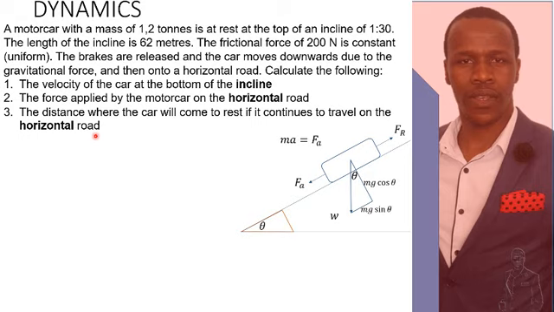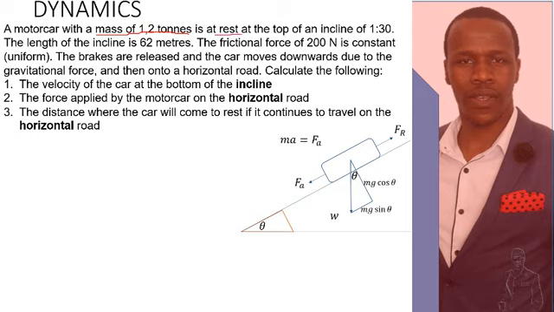Okay, so let's analyze this question. We'll analyze the places where we need to underline. For example, we will underline that we have the mass of the car, 1.2 tons, and we know that it's at rest.